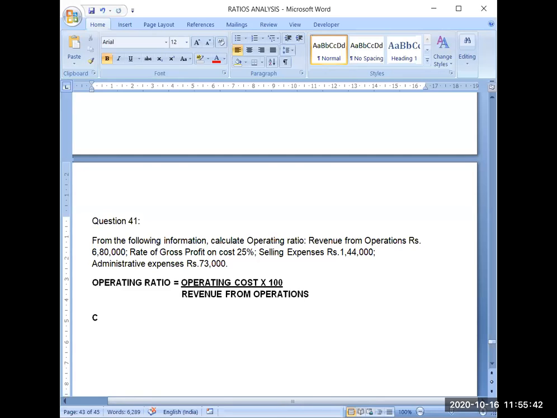So I will assume, let cost of revenue from operation be equal to 100. Then I will add gross profit, 25% on cost, so it will become 25.